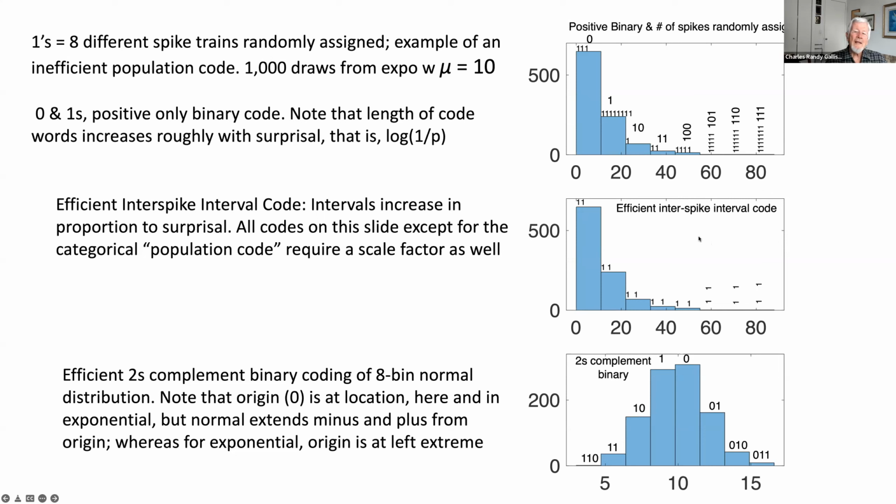Now, Rieke went on to do the same thing in the human, in other visual systems. And in some of the systems that he worked on, you get up to 7 bits per spike. So now you're discriminating 2 to the 7th different interspike intervals.